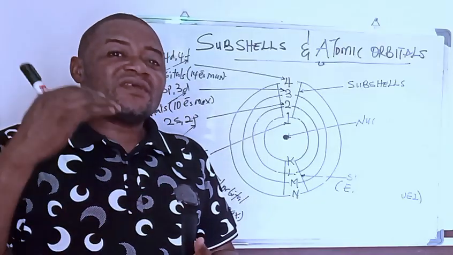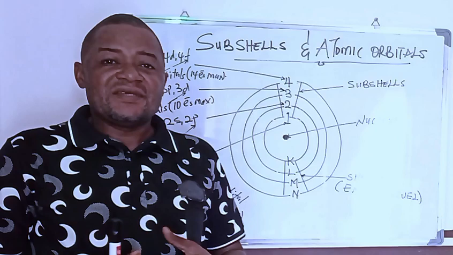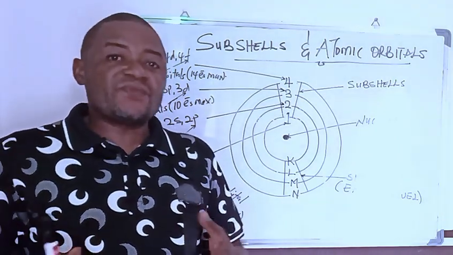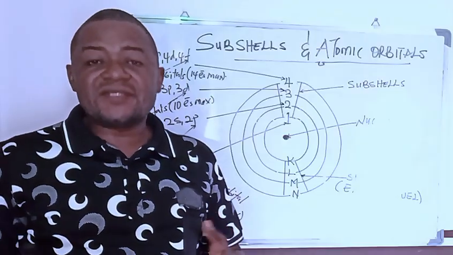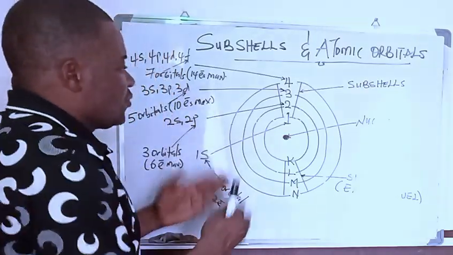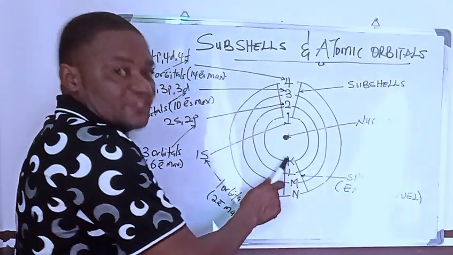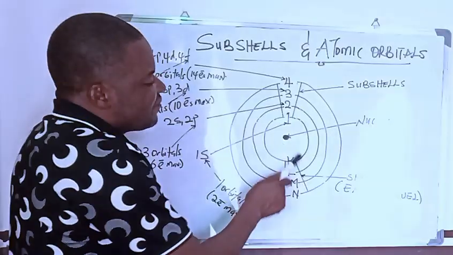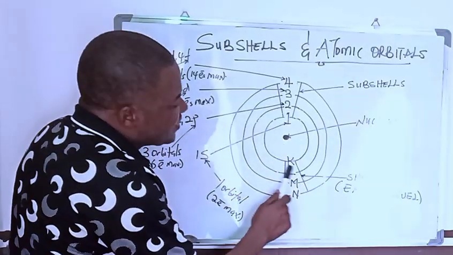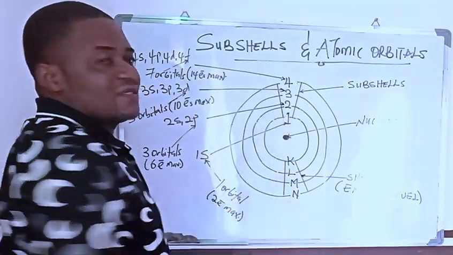For every subshell that you have, there is an orbital. Some have one orbital, some two, some three, depending on the type of subshell. So for a particular shell or energy level, let's say the first energy level, which is the first shell here, it possesses what?